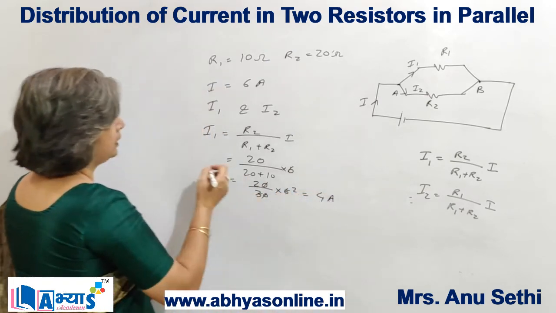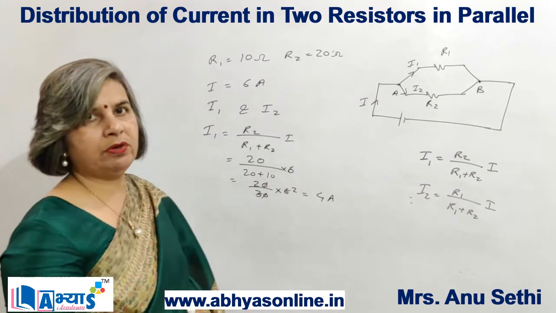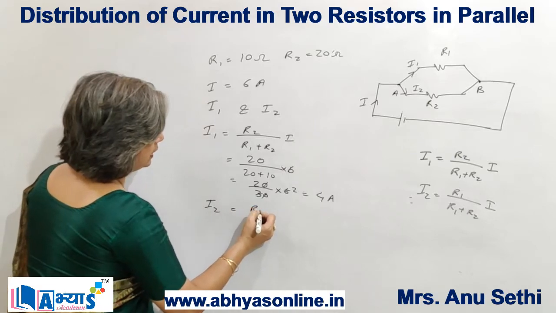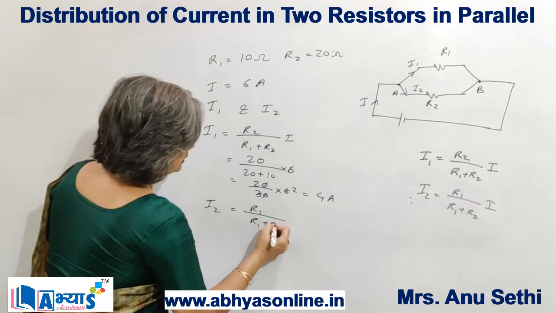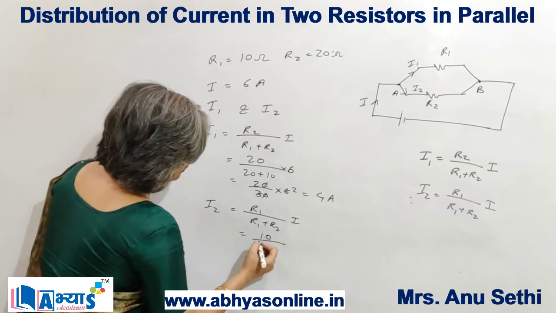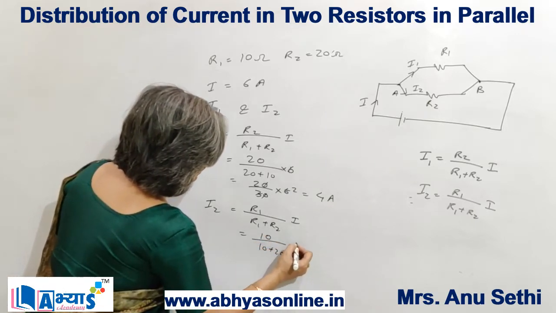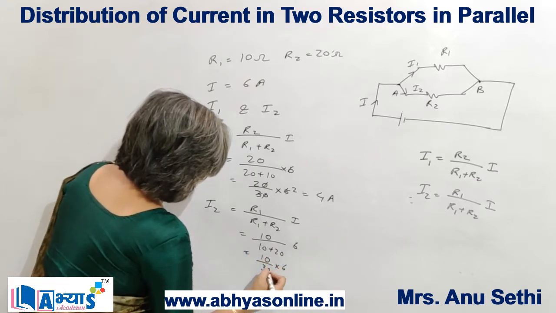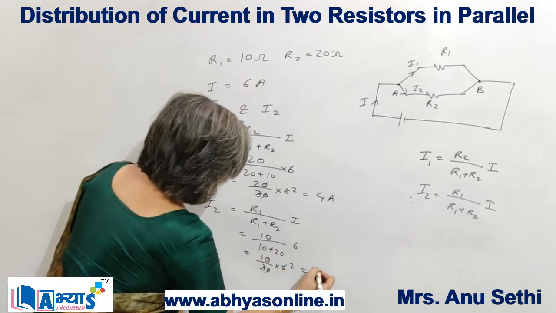That means the current flowing through resistance R1 will be 4 amperes. Similarly, I2 can be calculated as R1 upon R1 plus R2 into I, or 10 upon 10 plus 20 into 6, or 10 upon 30 into 6, or 2 amperes.